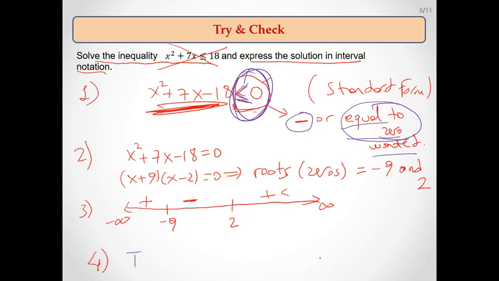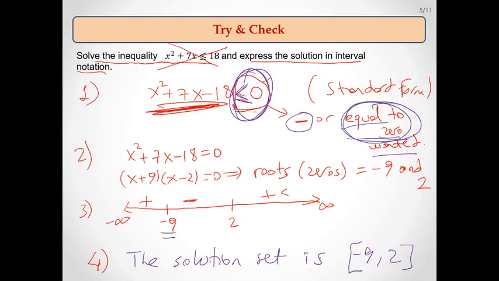Then you write the solution set is negative 9 to 2, but in brackets because of equal to 0. Negative 9 makes it 0, so we want negative 9 to be inside the set, and 2 inside the set.